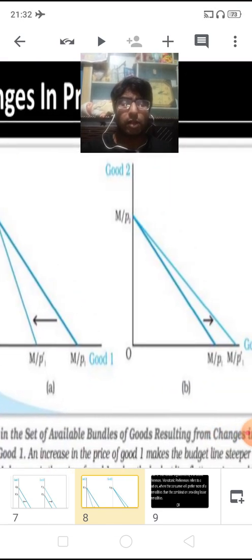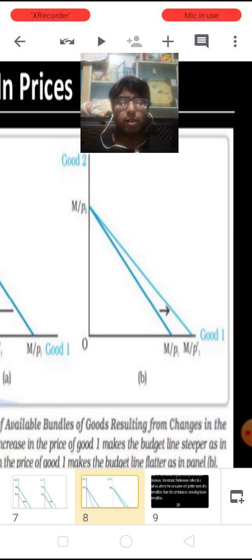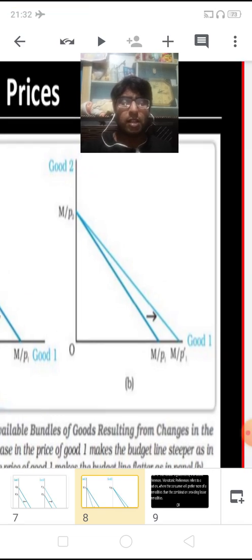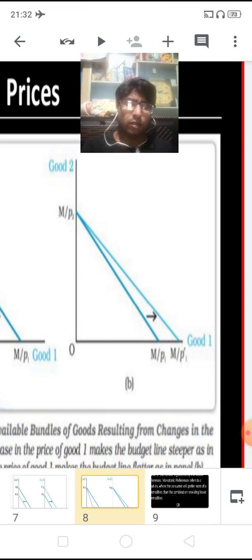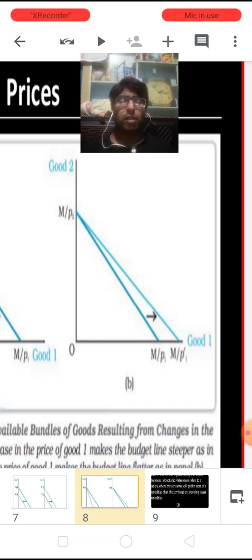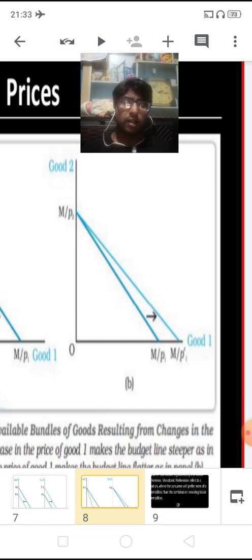If the price of good X decreases, then I can avail more of good X. So that is why the budget line will rotate towards the right. In this way we are going to consume more of good X than we were consuming previously.